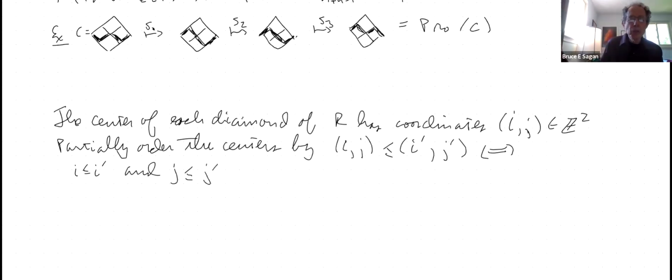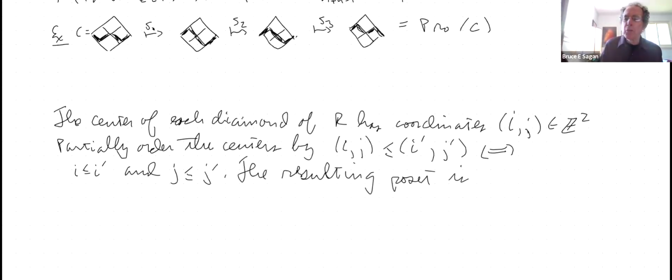The resulting poset is the poset I want, m cross n. Again, let's go back to this example.